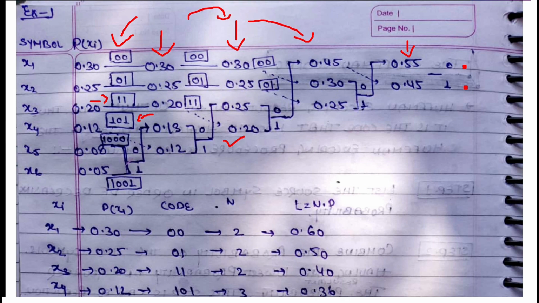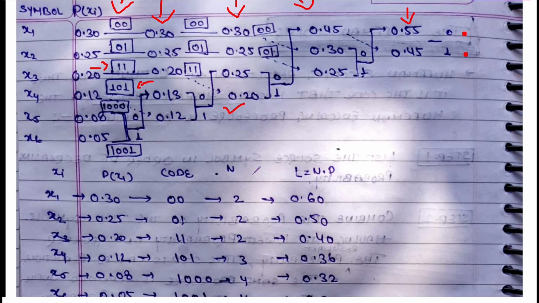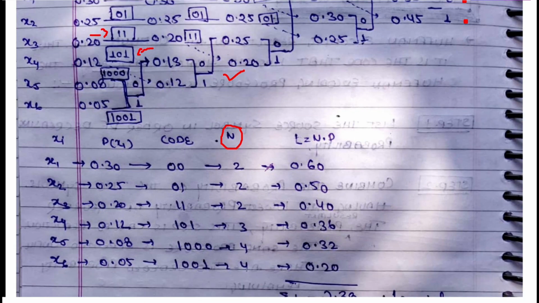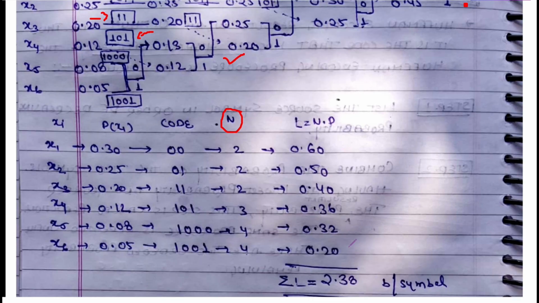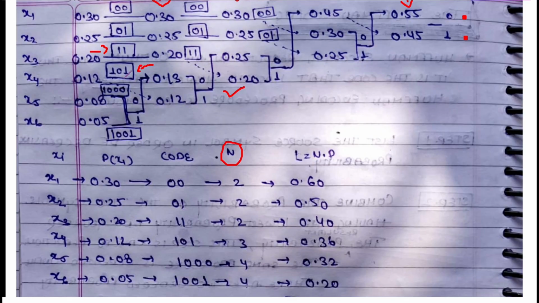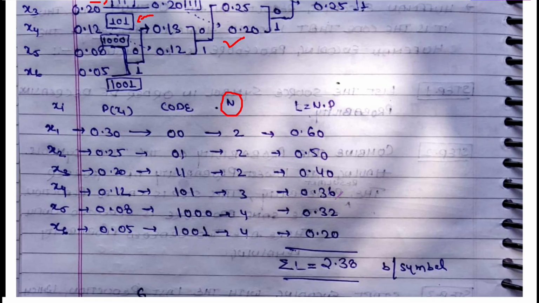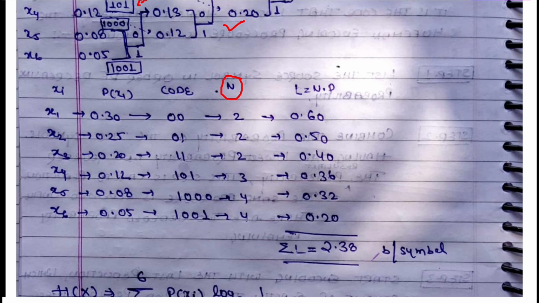So after this, when you have got all the codes, obviously what do we have to do? We have to find the length of each code word, right? Then we have to find n into p and the sigma l. So if I find n, you can easily find out after getting these codes. So sigma l is coming out to be 2.38.